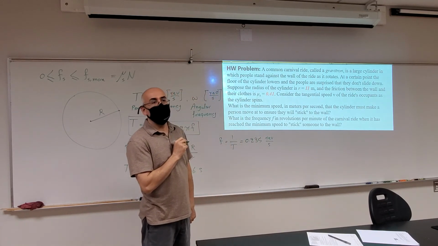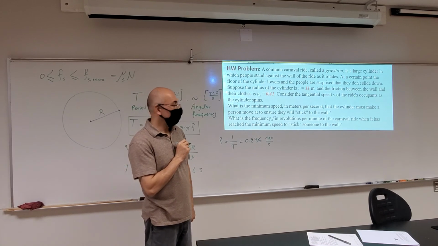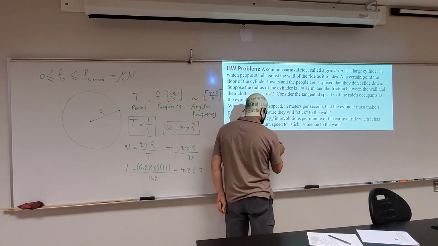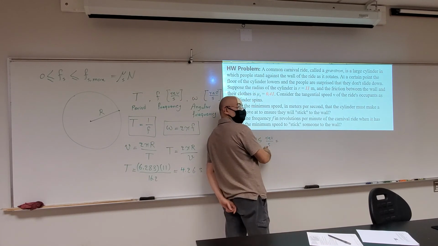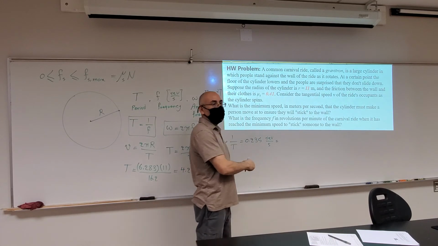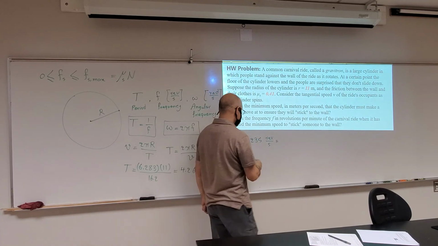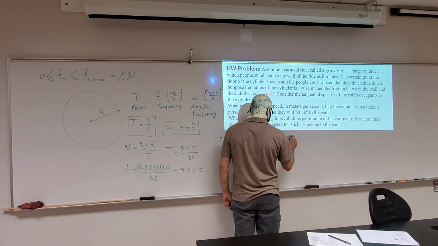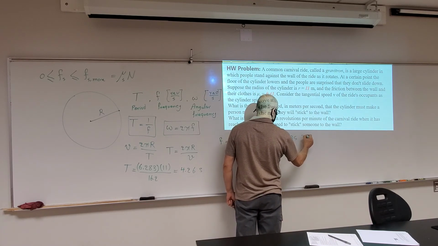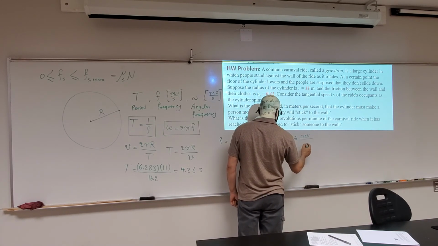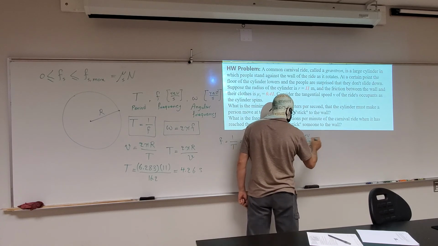How do I make it revolutions per minute? Instead of second, I can write 1 minute divided by 60, right? So 0.235 revolutions divided by minute divided by 60. So 60 comes out and multiplies.